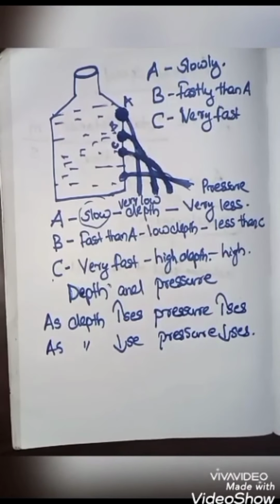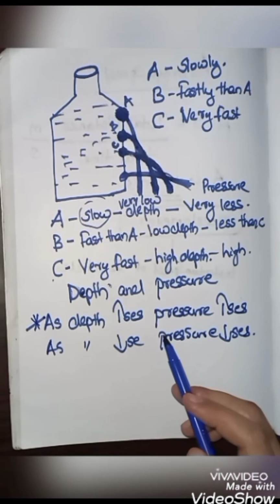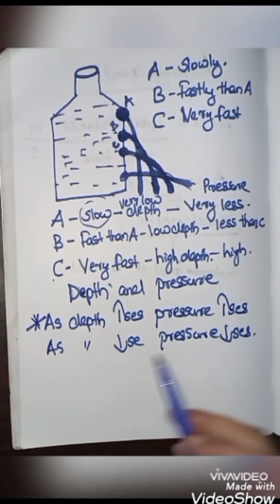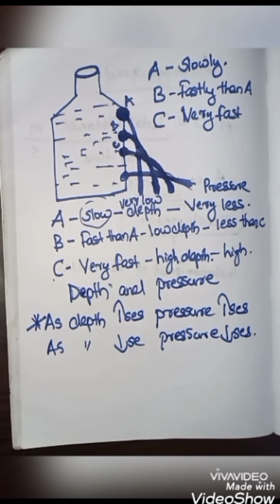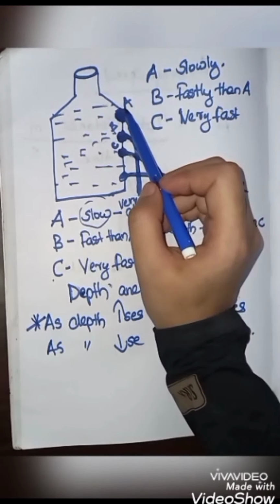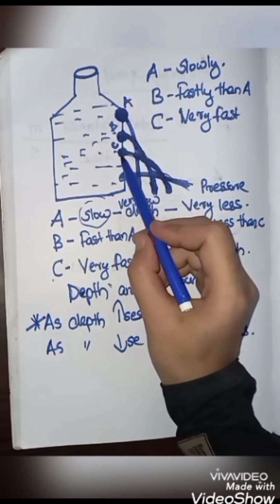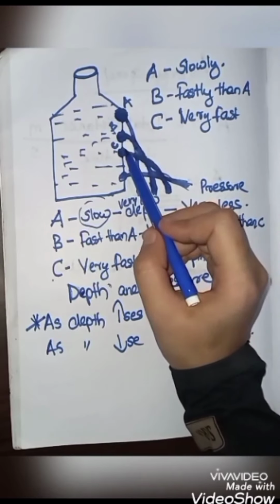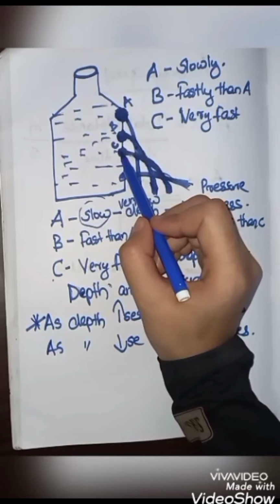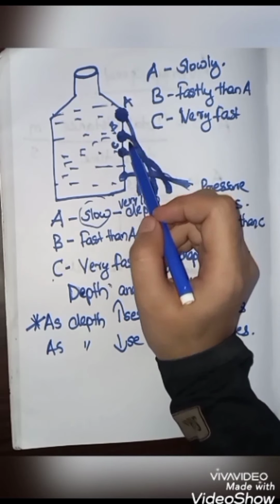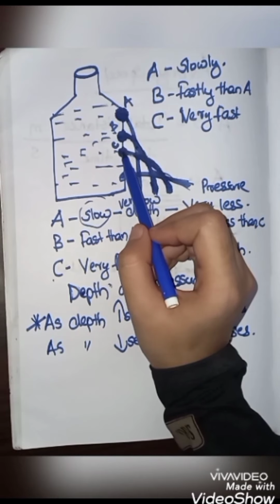Hope you understand that. This is the second point. At A, the pressure is very low because the depth is less. At C, the pressure exerted by this water is very high because the depth is very high.